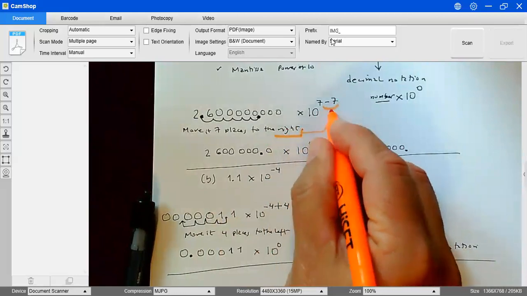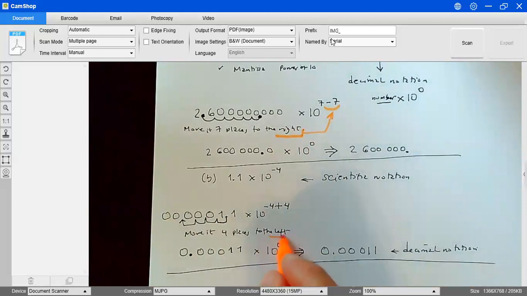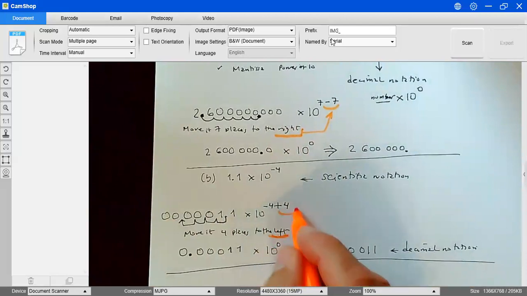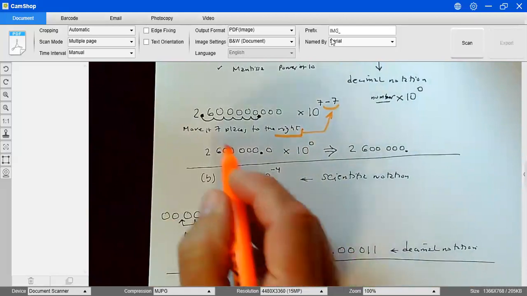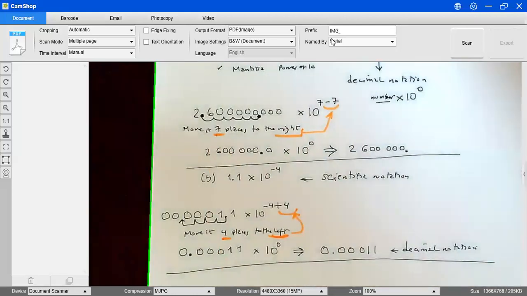So you can see here what is the thing that happened. If you move it to the left, you're going to add the number of places that you move the decimal point. So let's work more problems, and then you're going to be able to work on some exercises.